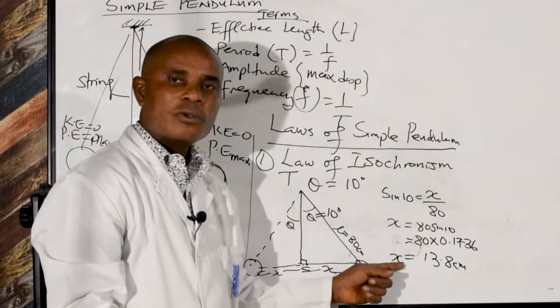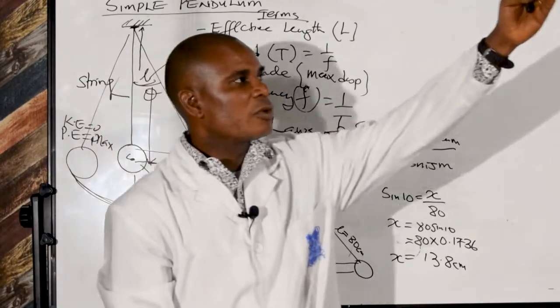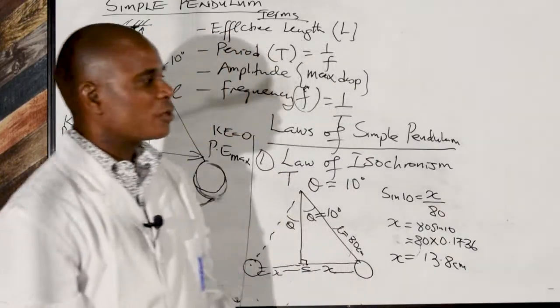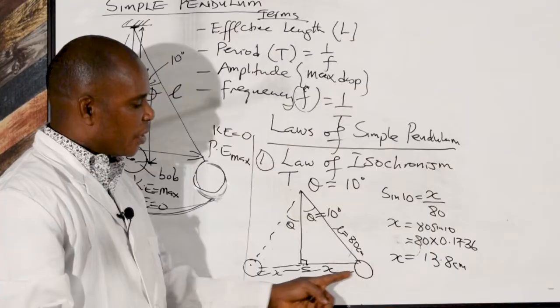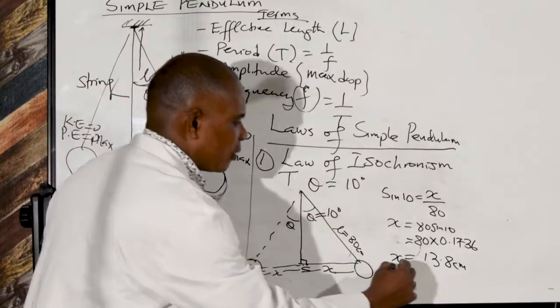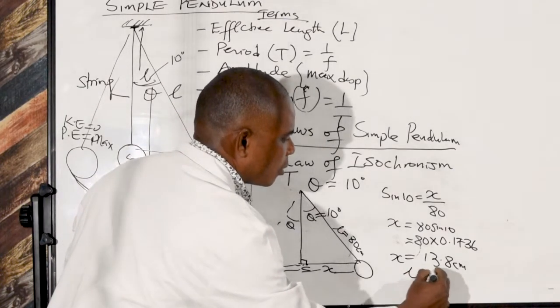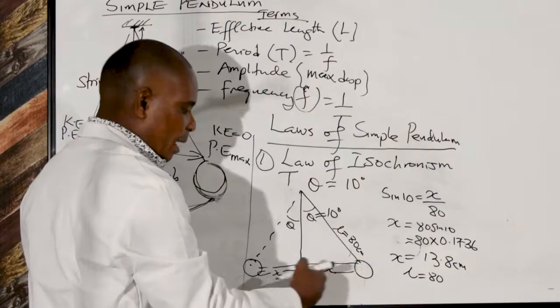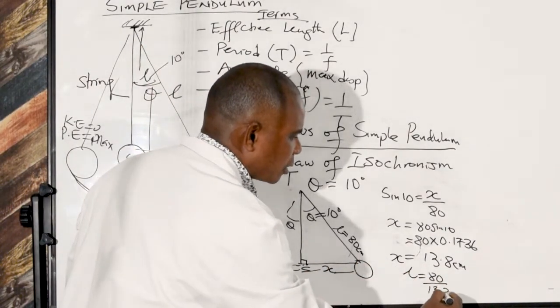So how do I relate this one to the displacement? Because the students will not be able to have the protractor to find that angle. So now you are advised to compare this distance with respect to the length. Let's say the length was 80, and this displacement is 13.8.